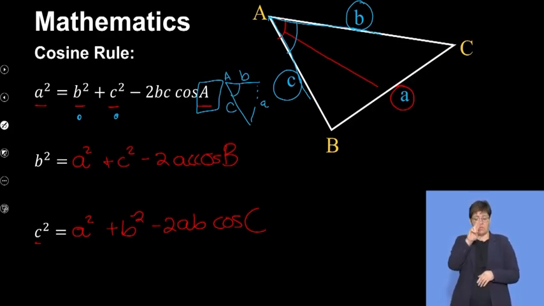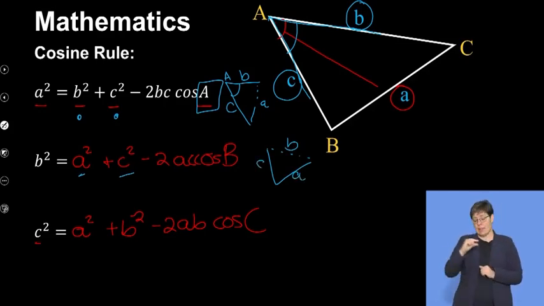Okay, and similarly for B squared. If we need to find B squared equals A squared plus C squared minus 2AC cos B, then we're looking for B, but we need to be given A and C. So we need to be given little a, little c, and we need to be given angle B. So again, we need a side, an included angle, and a side.